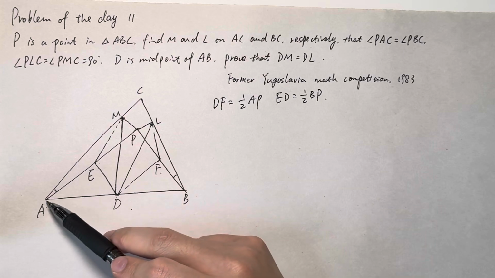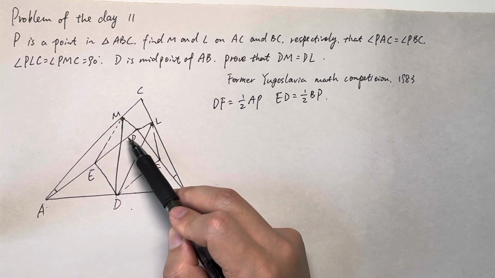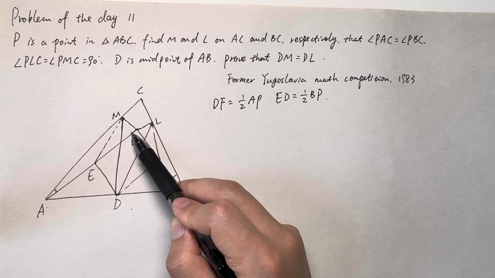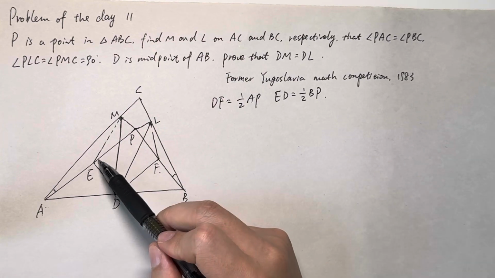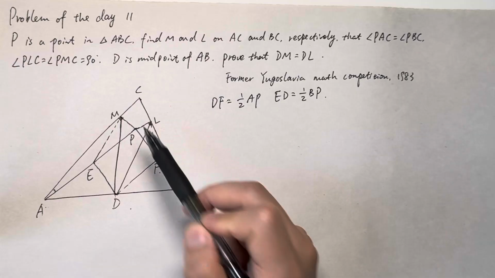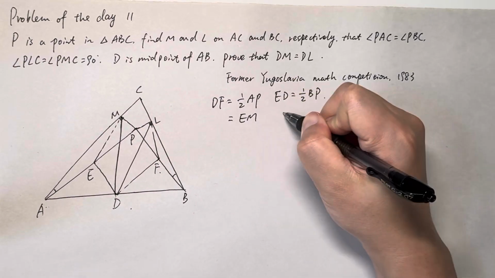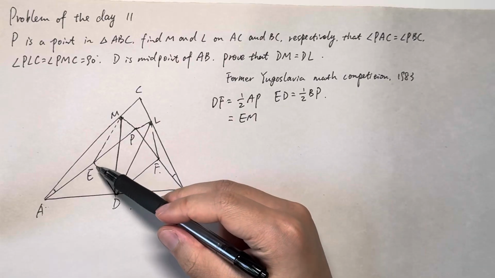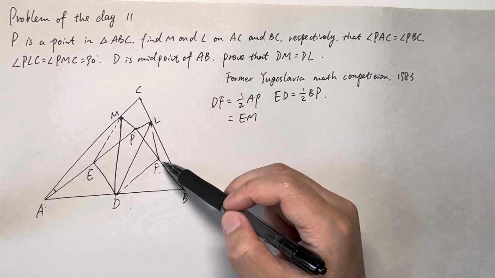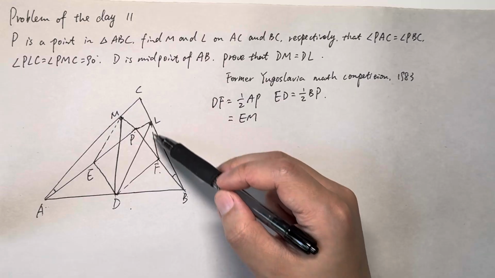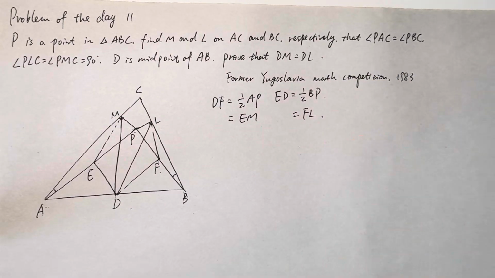And because E is a midpoint of AP, we know that EP equals EM, right? And EP is half of AP, so it also equals DF, so ME equals DF. Similarly, ED equals half of BP, which is PF or FL, so it equals FL.